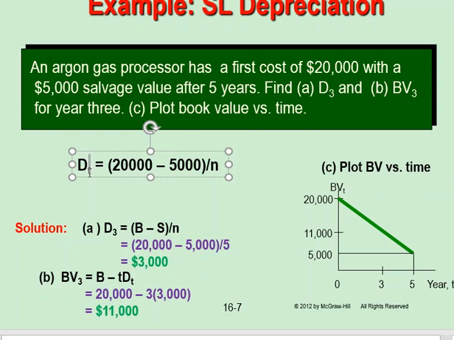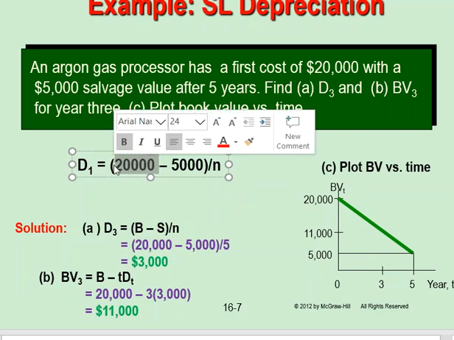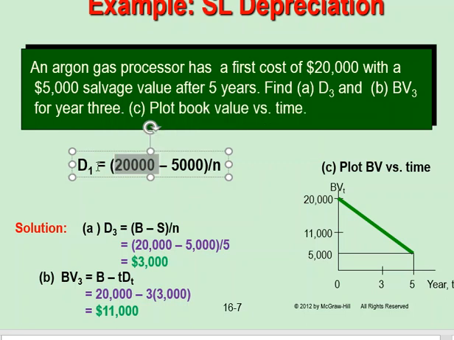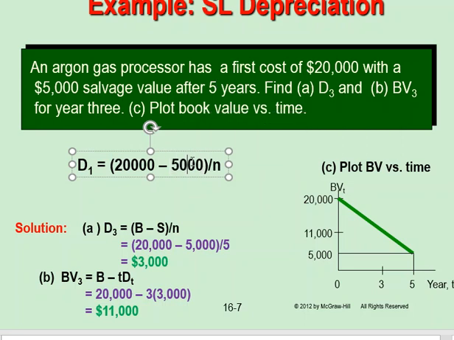So now, if we finish this, D1 will be how much? D1 means I need the depreciation at year equal 1. B is independent of the years. It's in the beginning, $20,000. It's not related to T. 5,000 is the salvage. Is the salvage related to T? No. And N also is not related to T. It's the total interval of that depreciation, which is 5.